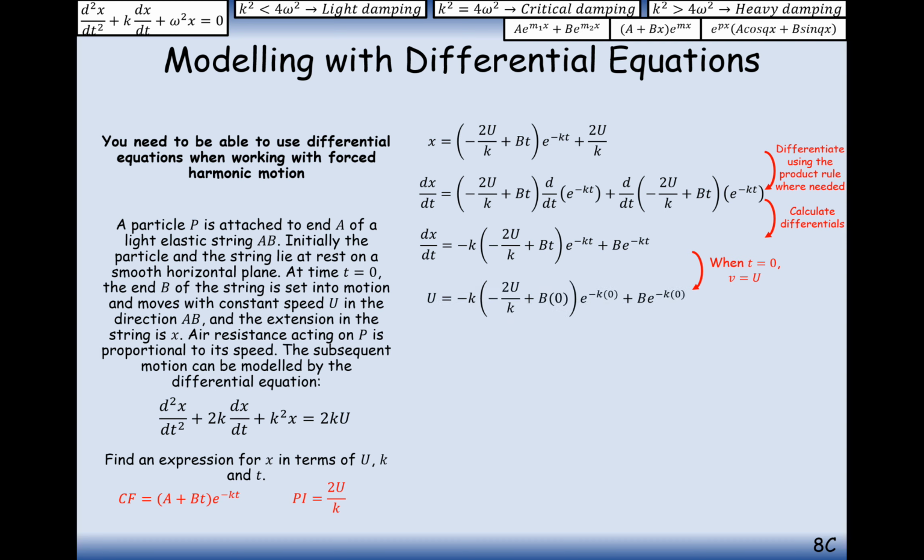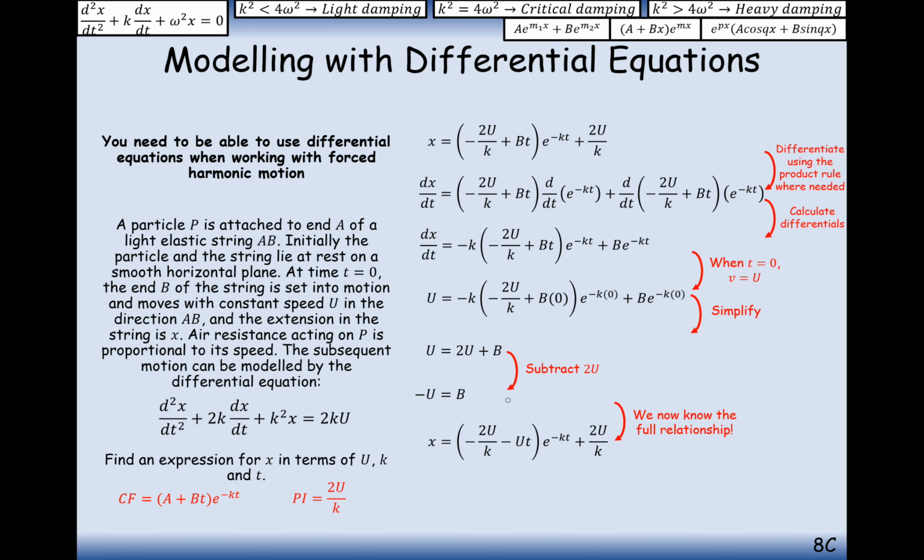So substitute u into the differential and t equals 0, and we get u equals 2u plus b, so b must therefore be minus u. Substitute that into the initial equation, and we get this expression here. So a has been substituted with minus 2u over k, and b with minus u. Okay, and there we are. That's the answer to that part of the question.